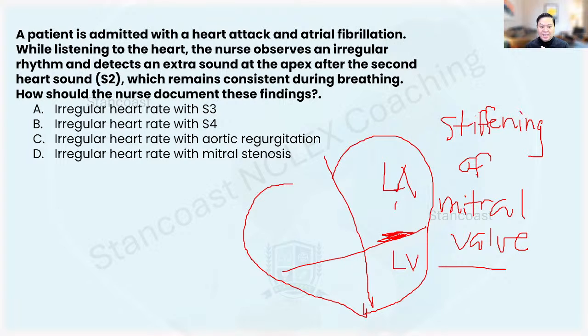And because the leaflets are quite stiff, it will also lead to backflowing of the blood. Aside from not allowing the blood to fully go into the left ventricle, it can also lead to a high-pitched rumbling sound, rather, I should say.